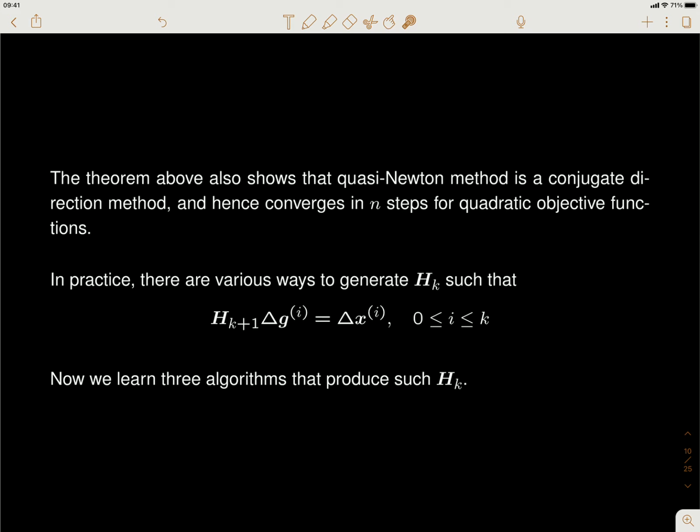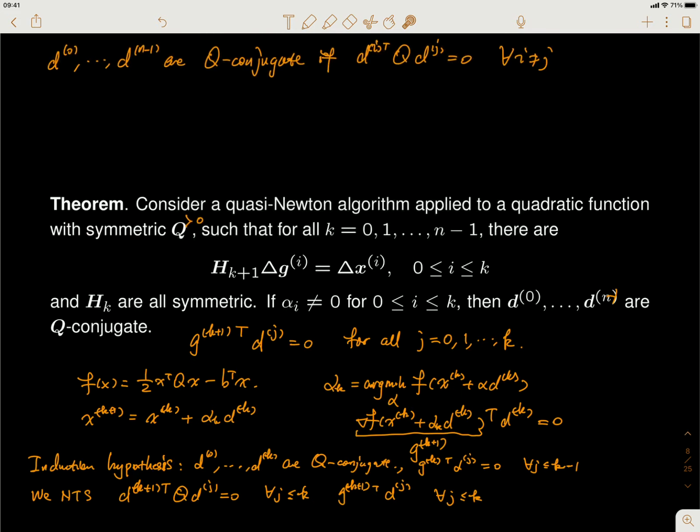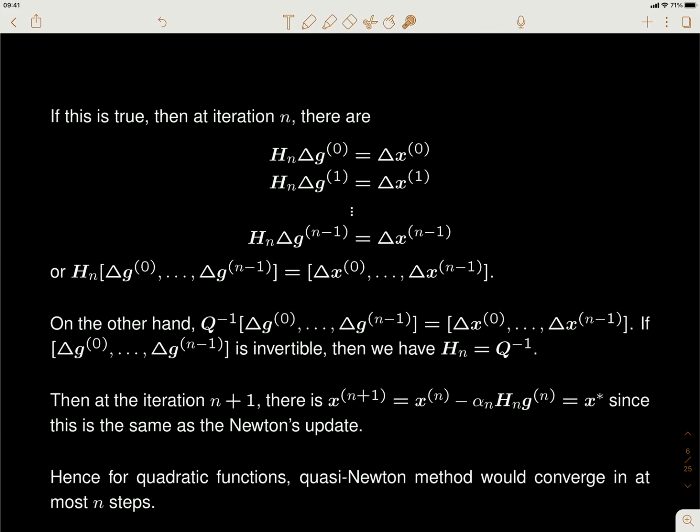Previously, we showed, in a way that is a little bit shaky because we were assuming this matrix is invertible, that we can multiply the inverse of this matrix on both sides to show that Hn is equal to Q inverse after n iterations.